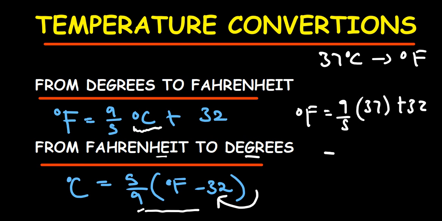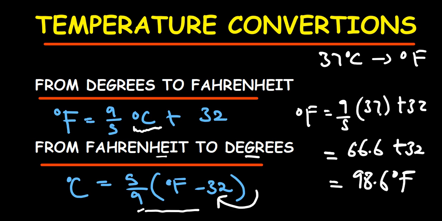Punch this into your calculator. I'm going to get 66.6 when I multiply this and 37, and then plus 32, I'm getting 98.6 degrees Fahrenheit.